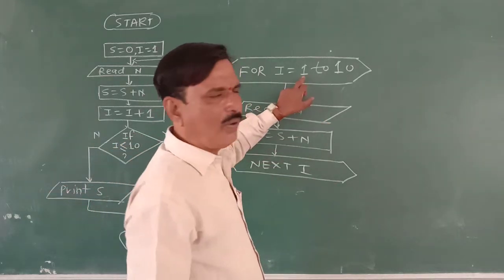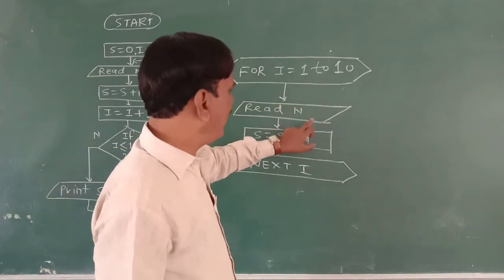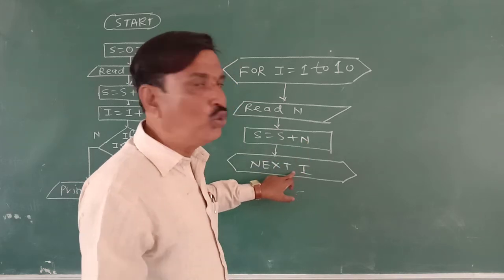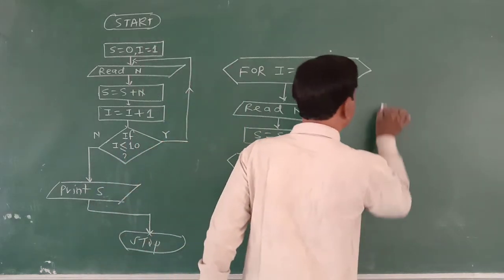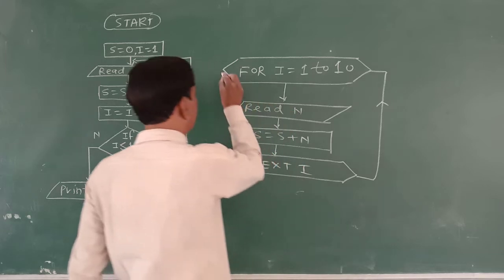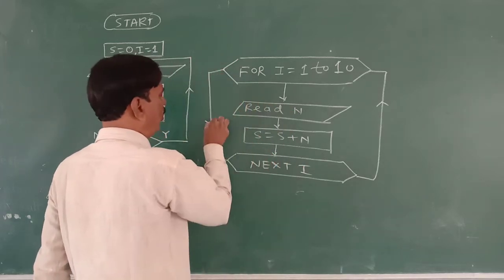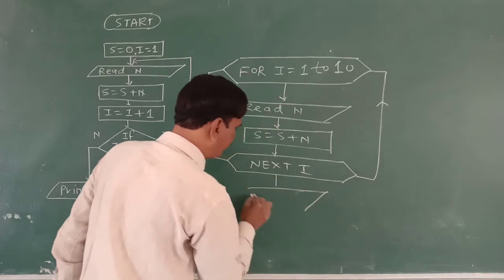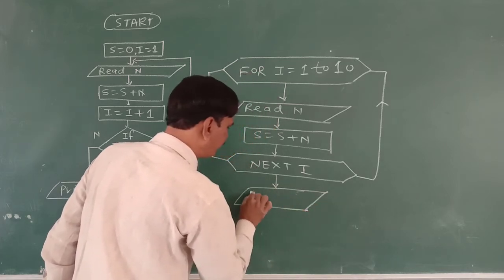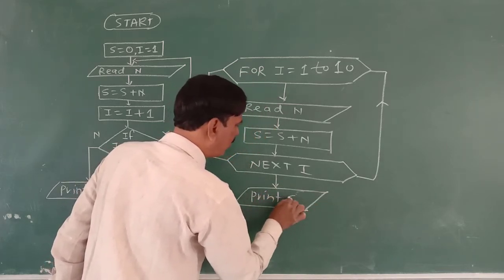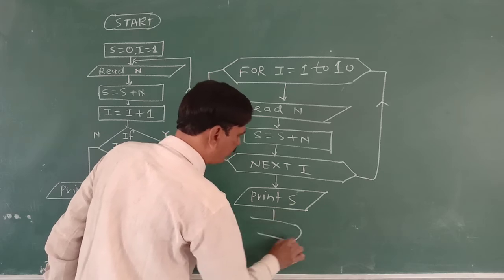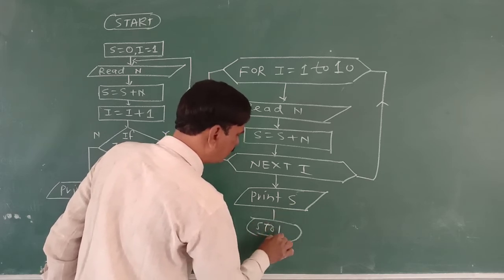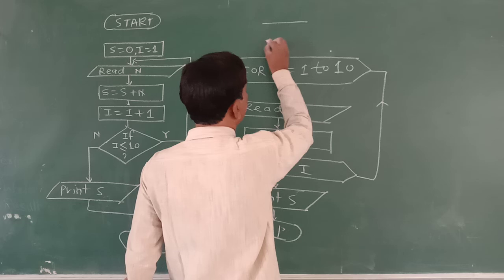Obviously, the value of I is 1. Read n, s is equal to s plus n. Next I is 2. So go outside. Come downside. So when the value of I reaches 10, it will come downside. It will print s, and stop. This is the start.